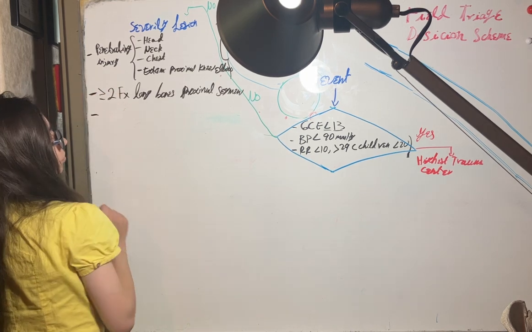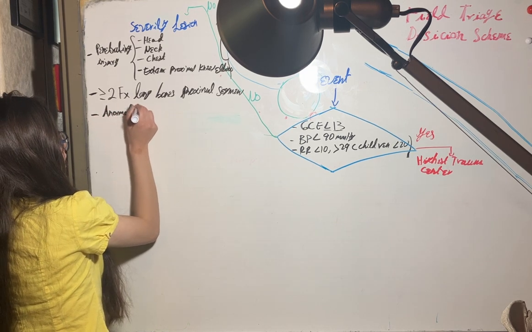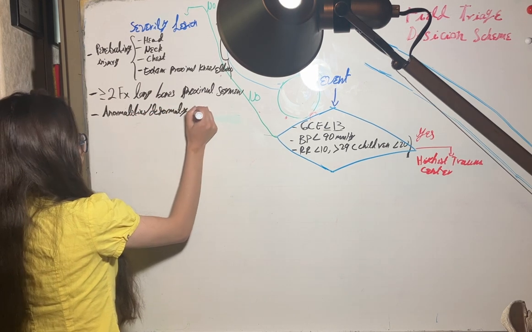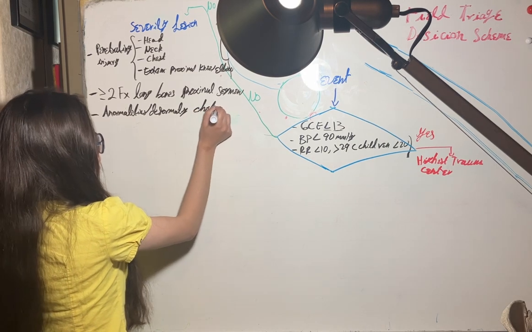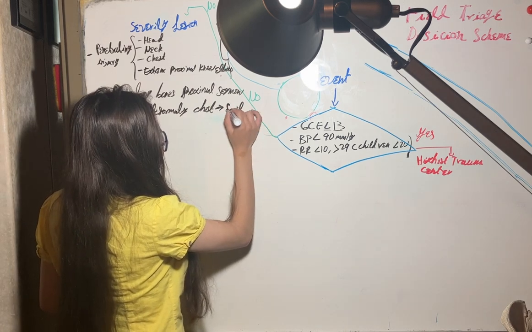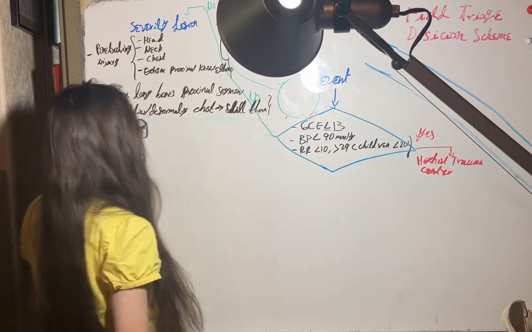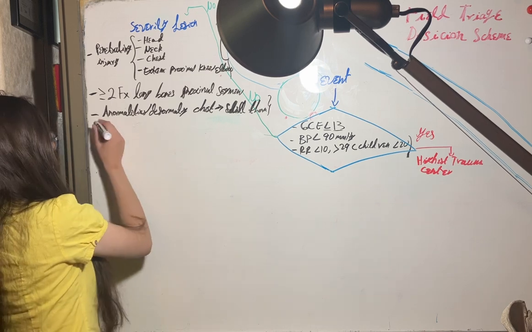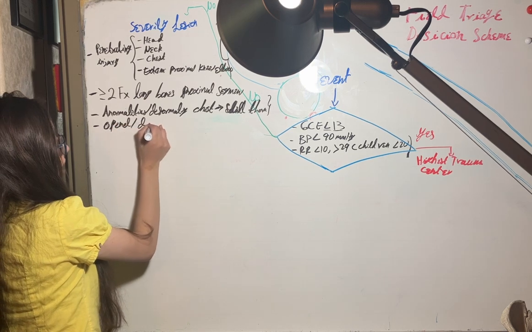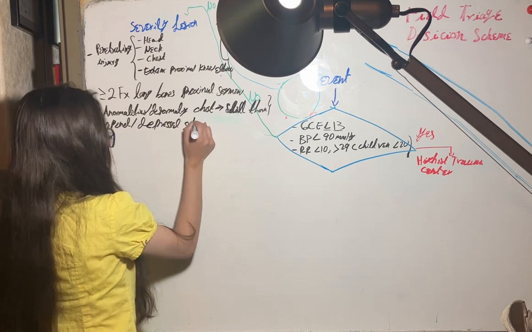Another is that the patient has abnormalities or deformity of the chest, because this could suggest that the patient is having a flail thorax. Another consideration is if the patient has an open or depressed skull fracture.